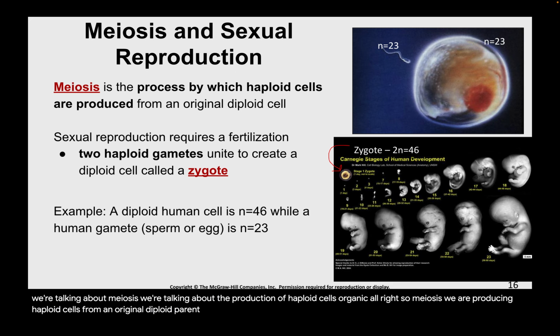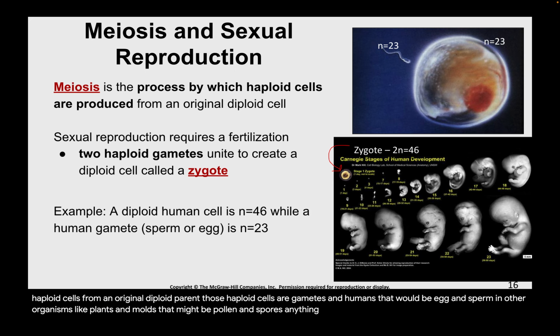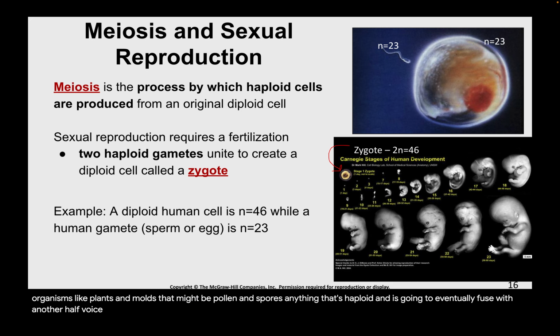And those haploid cells are gametes. So in mammals and humans, that would be egg and sperm. In other organisms like plants and molds, that might be pollen and spores. Anything that's haploid and is going to eventually fuse with another haploid cell would be a gamete.